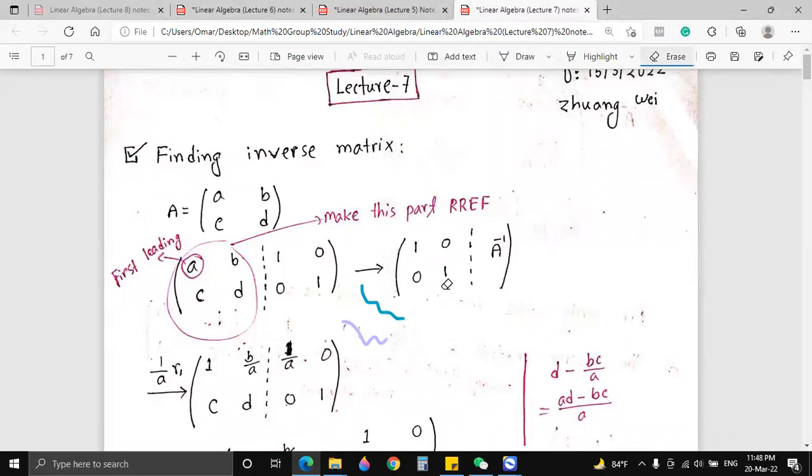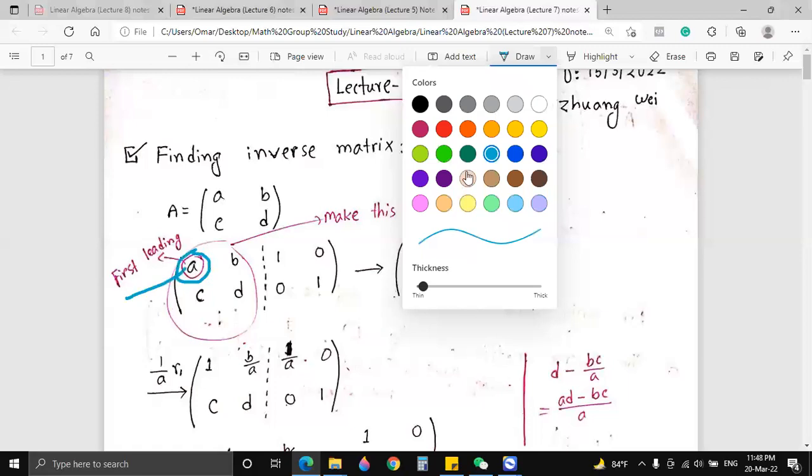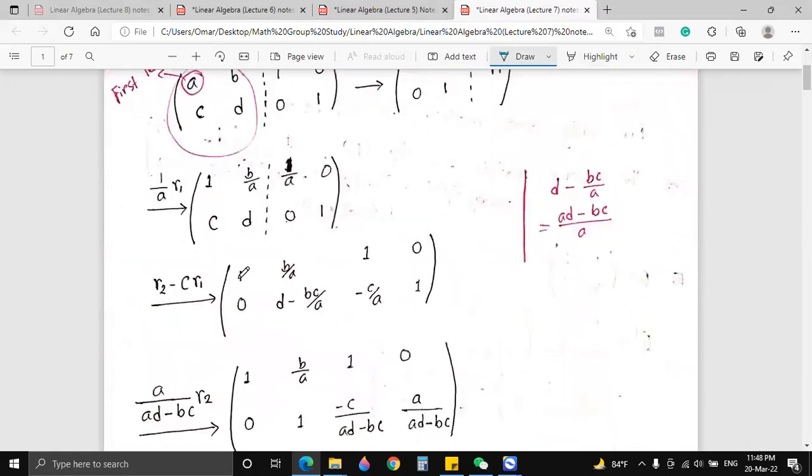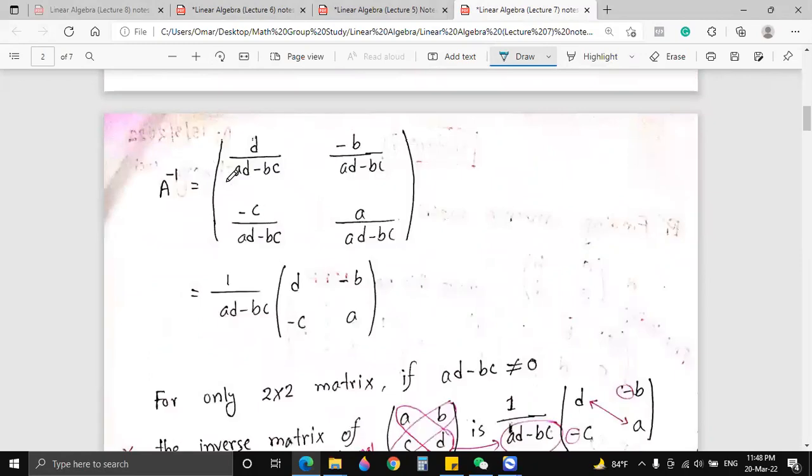Yeah, this one, okay. So this entry is called the first leading entry, okay? Just a name, nothing else, just a fancy name of this pivot point. So the same thing here, you don't need to understand this part.